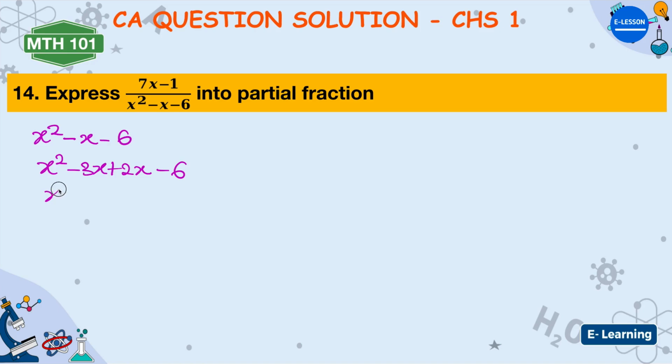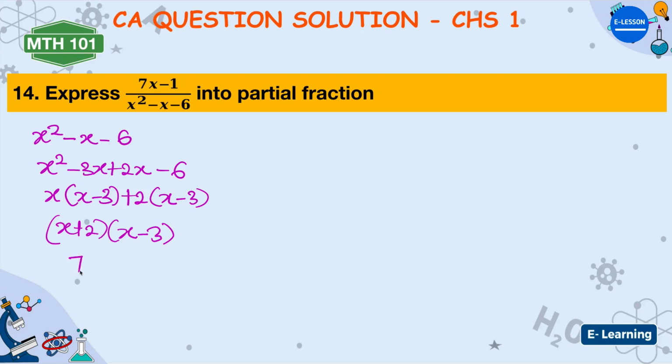What is common between these two, of course, is x. So you have x bracket x minus 3 plus 2 bracket x minus 3. What is the common here? x plus 2 bracket x minus 3. Is that okay? Now, my dear student, what do you think we are going to have?